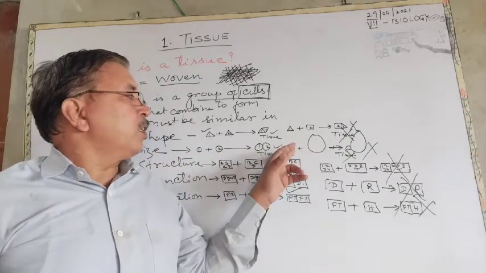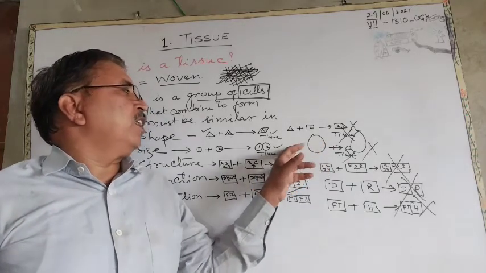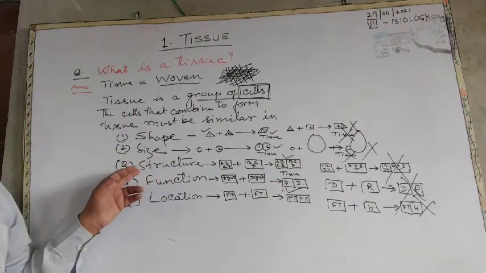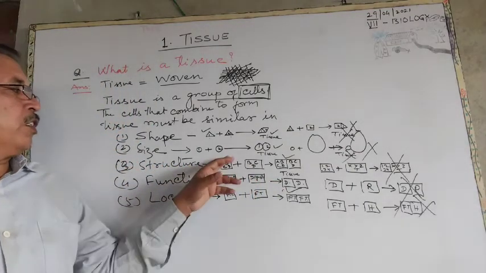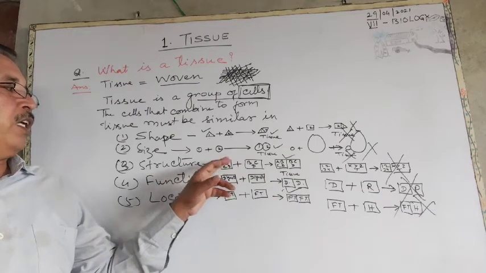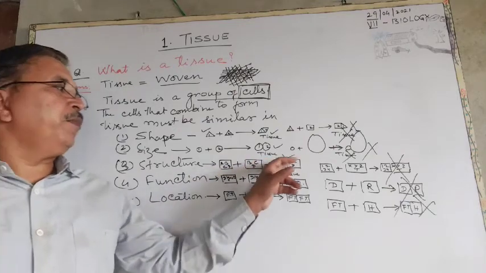Here you see, suppose this is a grape and this one is a pumpkin, they will not combine to give rise to a tissue. Regarding the structure, suppose this is one cell made up of components A, B, C and D. This is another one made up of B, C and D, and they may combine.